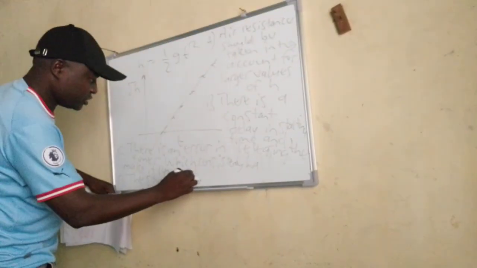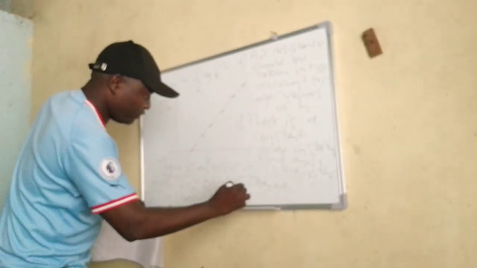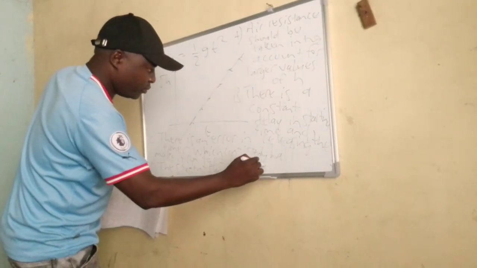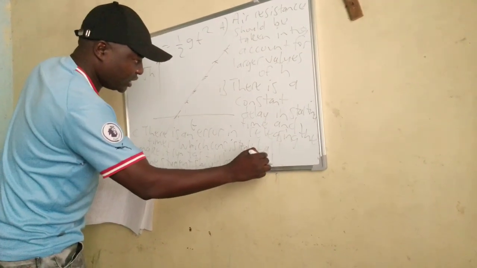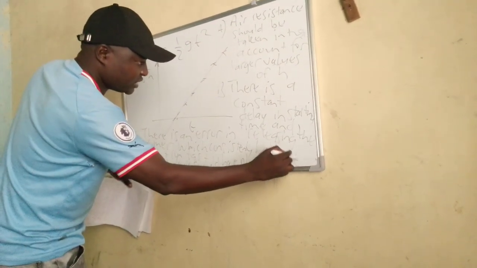Option D, the student should have plotted h versus t squared.